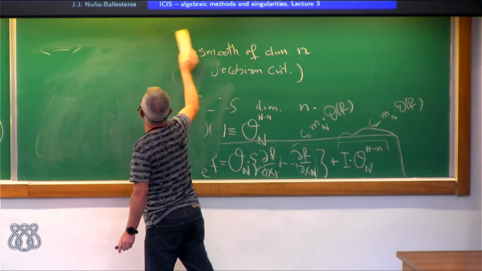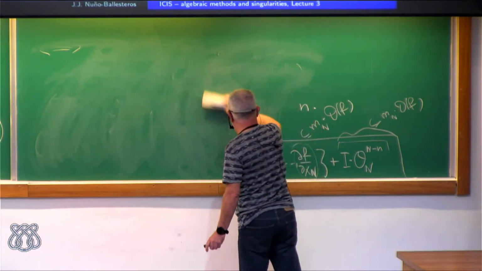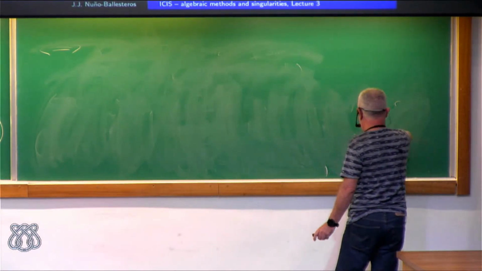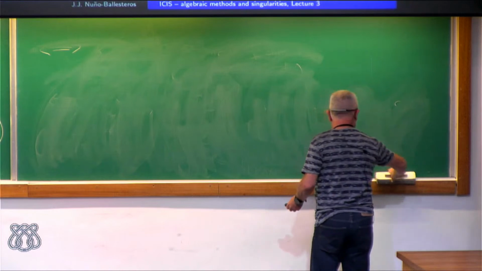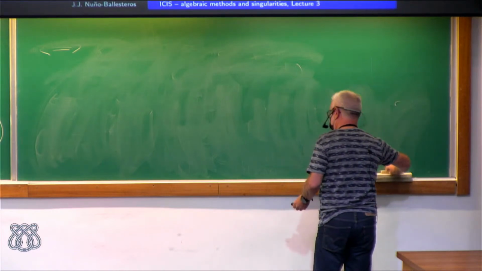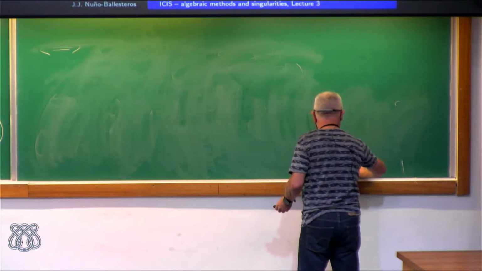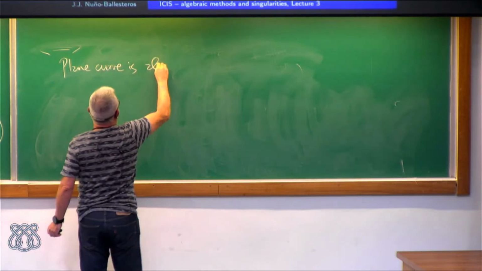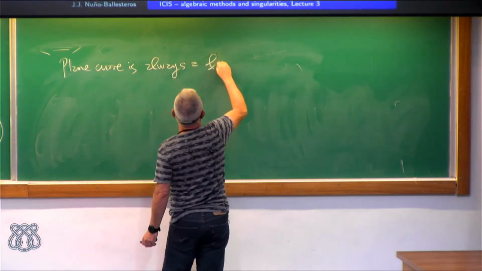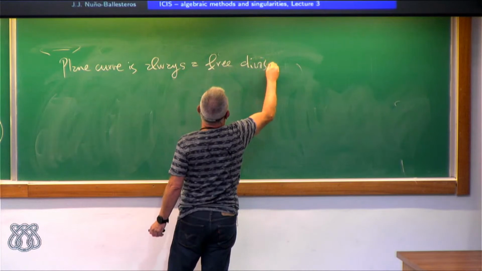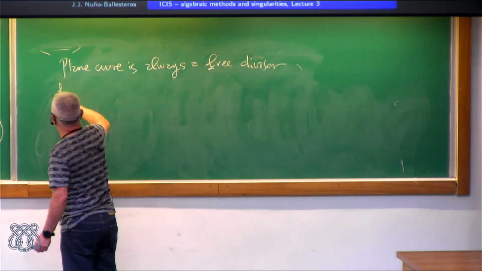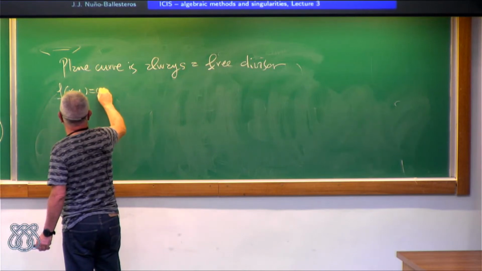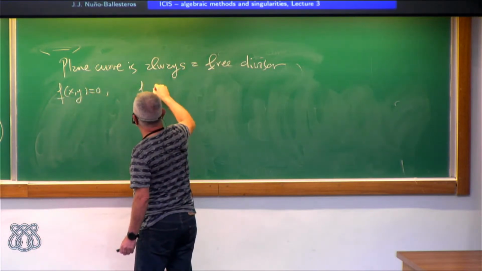So if you take a plane curve, you can assume, for instance, that you have a plane curve given by f(x,y) = 0. And for simplicity, you can assume that f is weighted homogeneous.